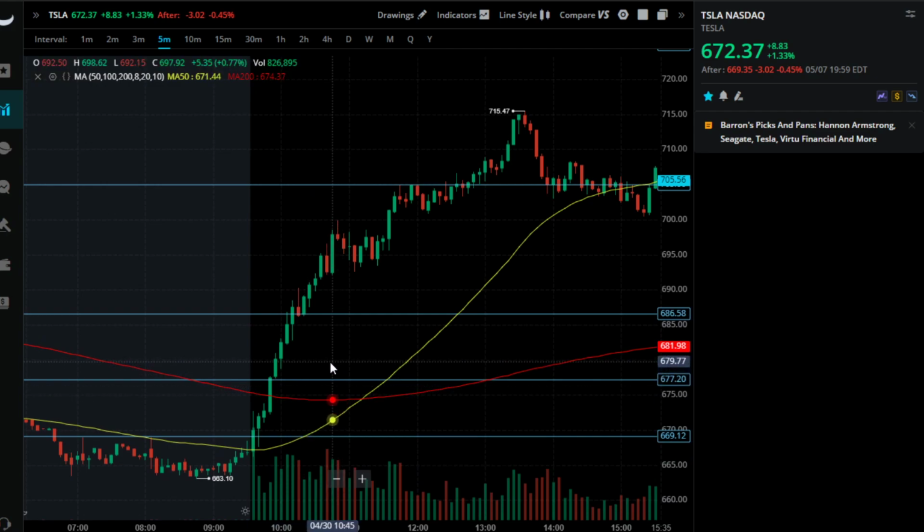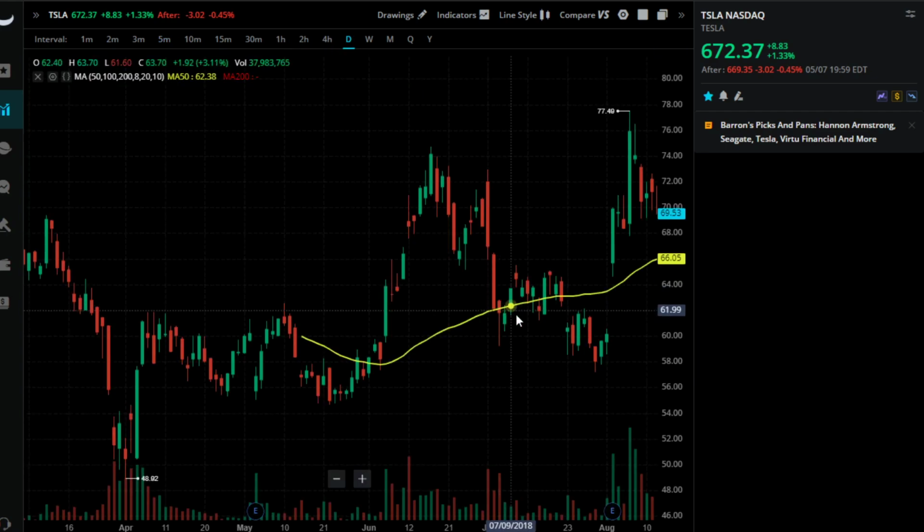So the 200 MA is key on all time frames to identify if the breakout is going to hold or not, because usually that's where rejection would occur, more specifically on the 15-minute time frame. Let's go ahead and take a look at it if we can.